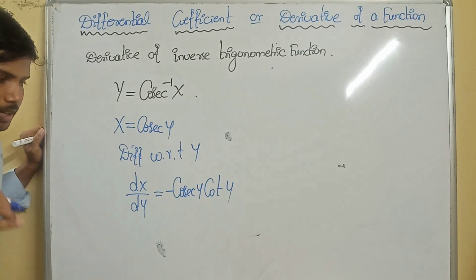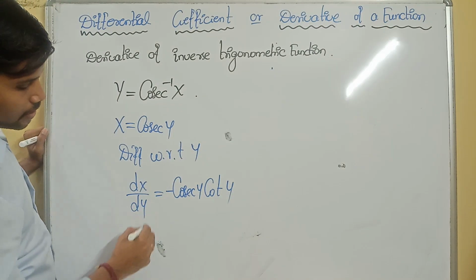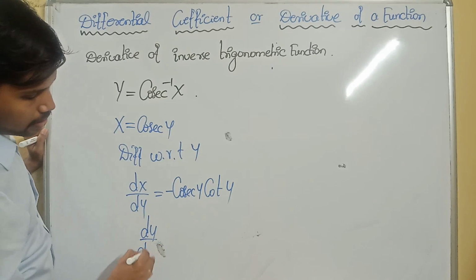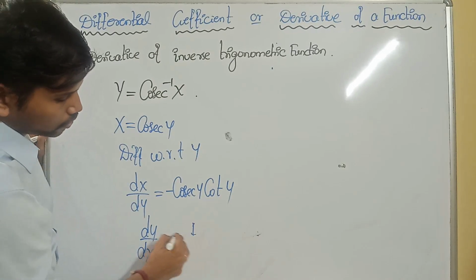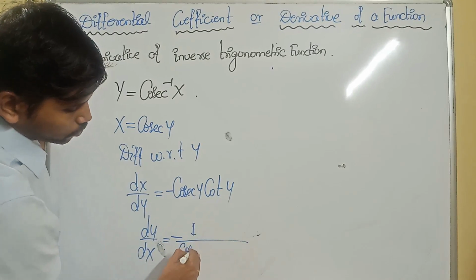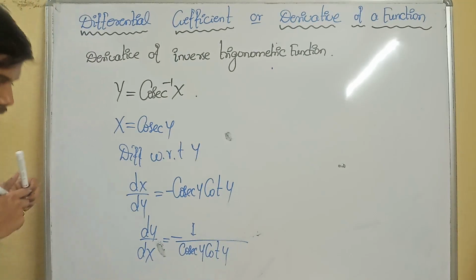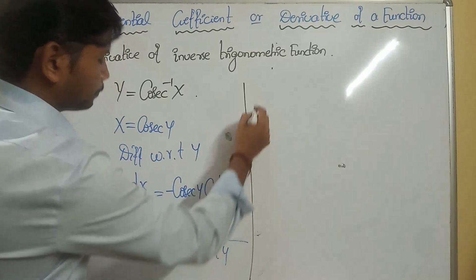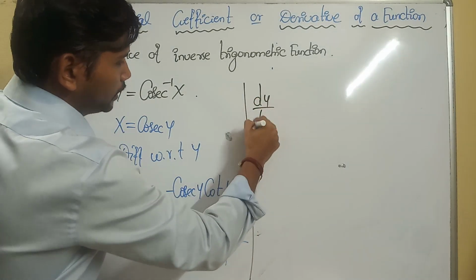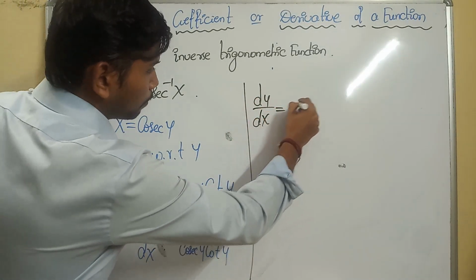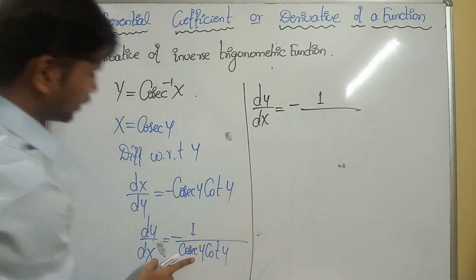Is there any doubt in this one? Taking reciprocal, dy by dx is equal to minus 1 divided by cosecant y into cot of y.